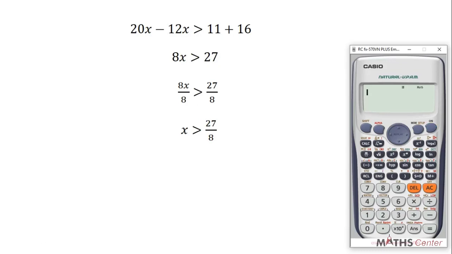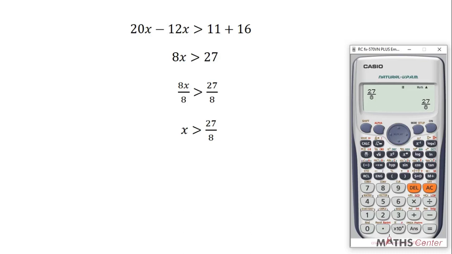Now you press the fraction that you have on your calculator. So here I'm having 27 divided by 8. Then you press equal to. You see? So we have 27 over 8 on your calculator. We want to change this to mixed fraction or mixed number because that is how we want to represent our answer.